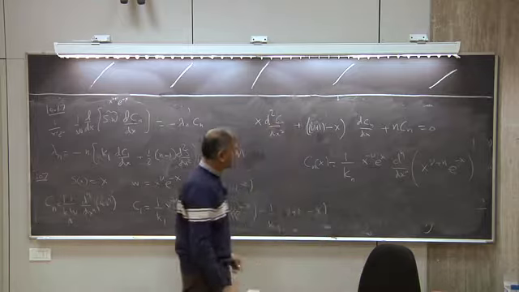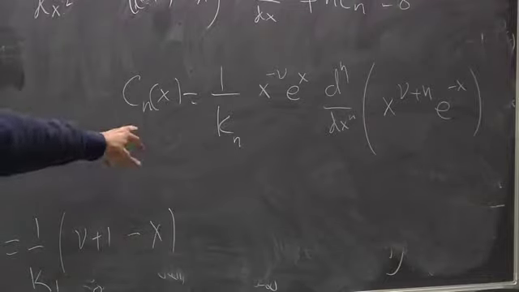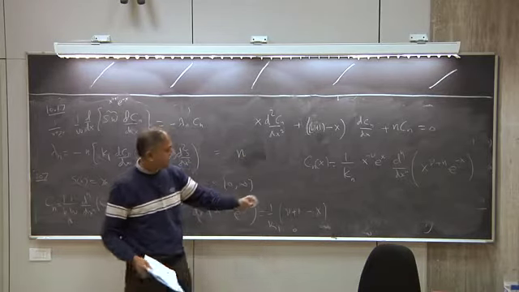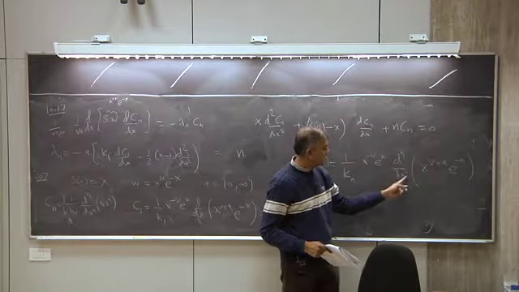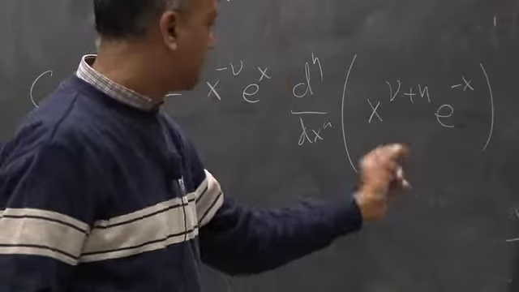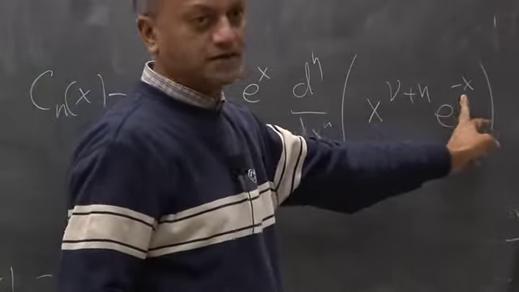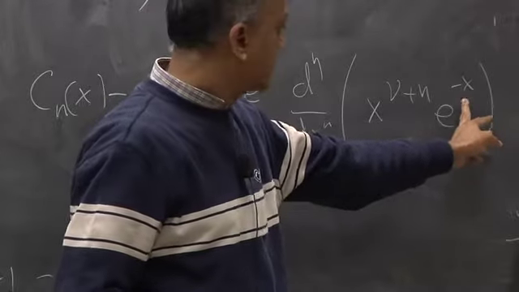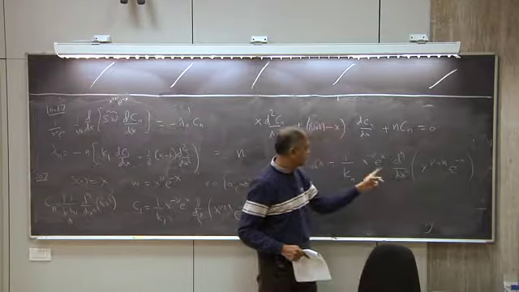We are looking at the largest power of x, x to the n. After all, this is an nth degree polynomial, so the highest power is x to the n. How can that appear? Whenever the derivative hits here, it's going to reduce the power of x. So if you are only interested in the highest power, then all the derivatives must act on the exponential. And then you get simply minus 1 to the power of n, and then all this cancels.